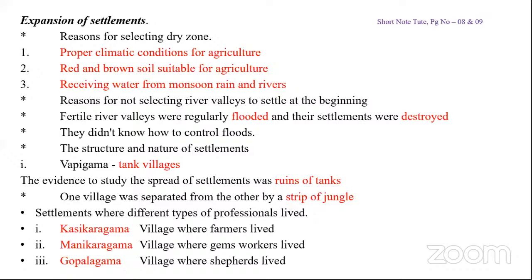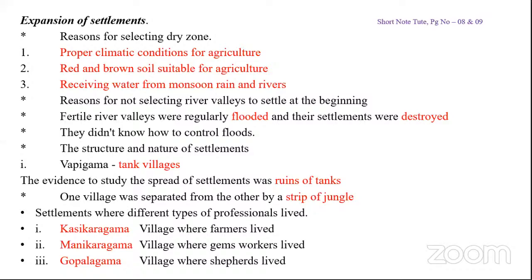Like that, there were 6 villages where different professionals were living. All the people in Kasikaragama were doing agriculture, farming activities, producing paddy. All the people in Manikaragama were doing gem mining and gem cutting. All the people in Gopalagama were shepherds.